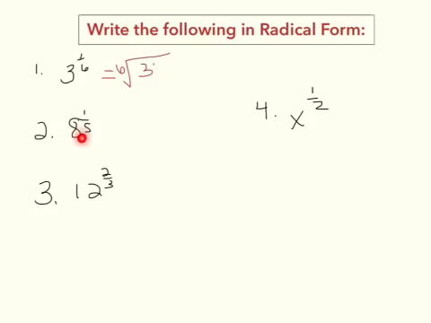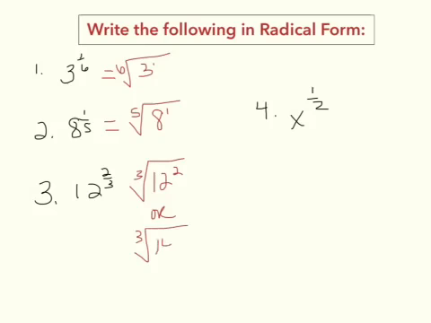So let's go ahead and try this second one. It should be the 5th root of 8, or 8 to the power of 1. The next one would be the 3rd root of 12 squared. So you could also write it as the 3rd root of 144, since we know that 12 squared is 144.